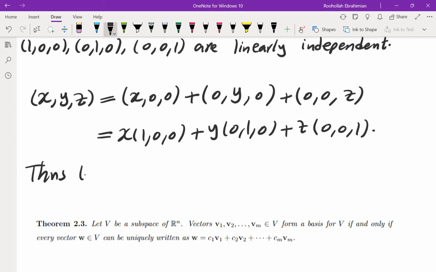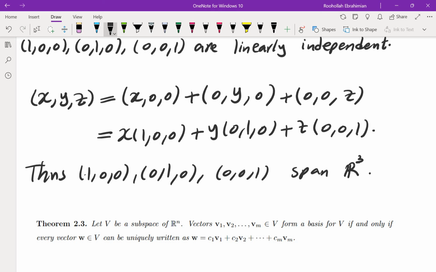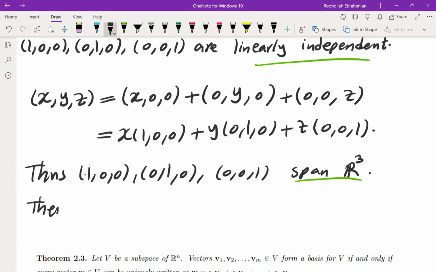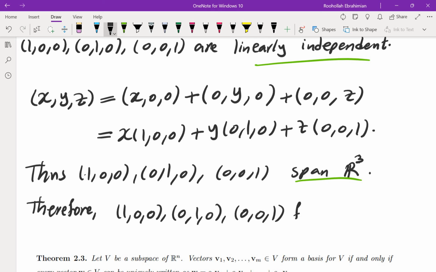So thus (1,0,0), (0,1,0), and (0,0,1) span R3. So they are spanning, they are linearly independent, therefore they form a basis. So therefore (1,0,0), (0,1,0), (0,0,1) form a basis for R3.